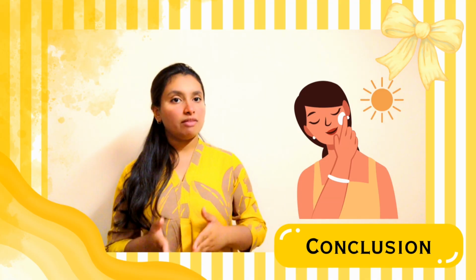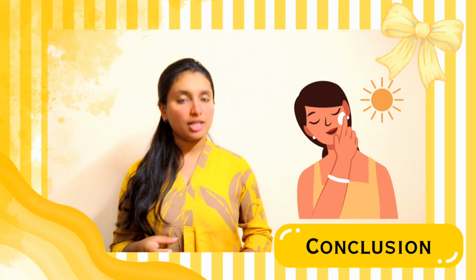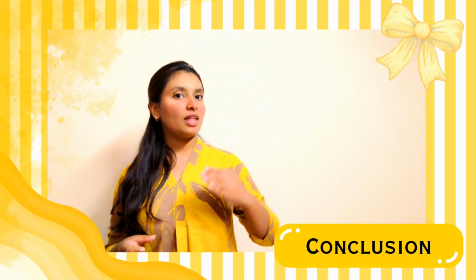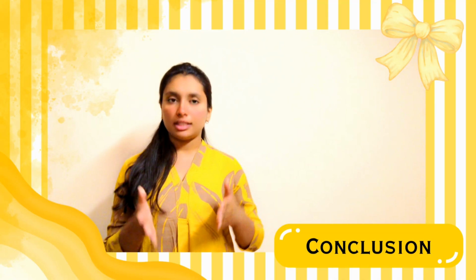So always make sure you are using sunscreen in the right proportion, at the right time, just for protection purposes. After the evening, that is after 4, there is no use of sunscreen, and it is completely a disadvantage time. So please use sunscreen at the right time so that it gives you the right effect of that particular pharmaceutical product.